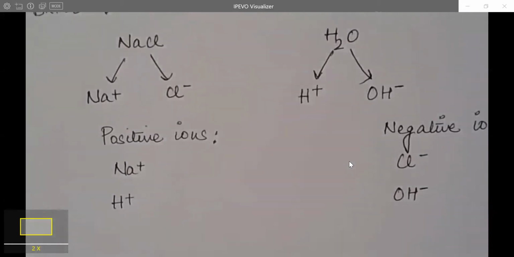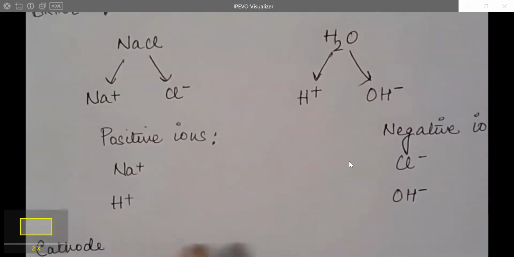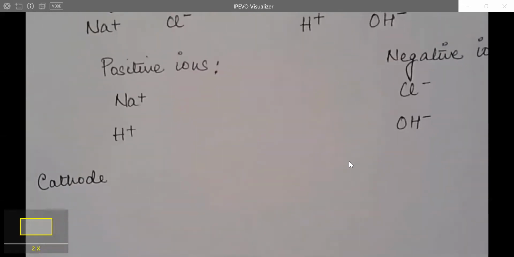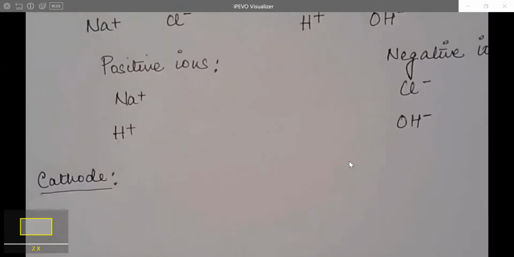Sodium, being more reactive than hydrogen, prefers to remain in the solution, whereas the hydrogen ions travel to the negative electrode, which is the cathode. They travel to the negative electrode because opposite charges attract each other.